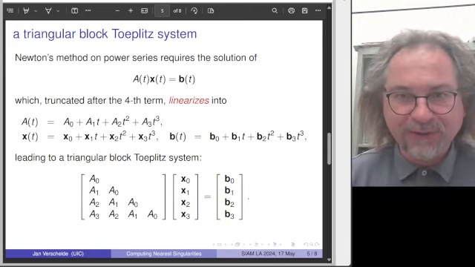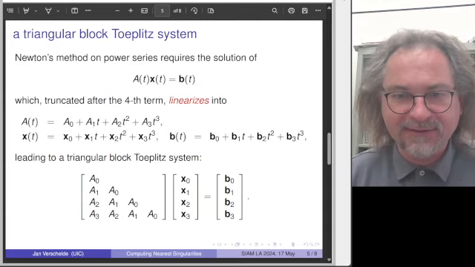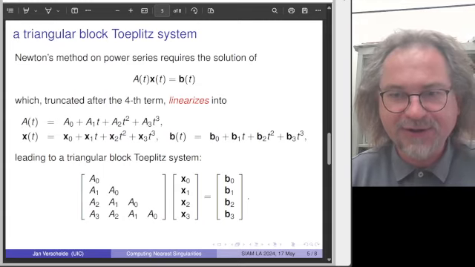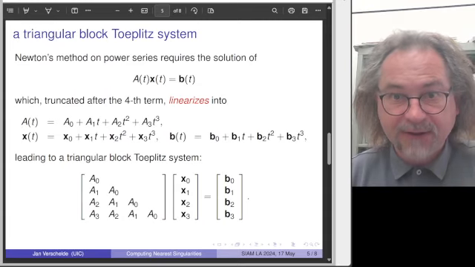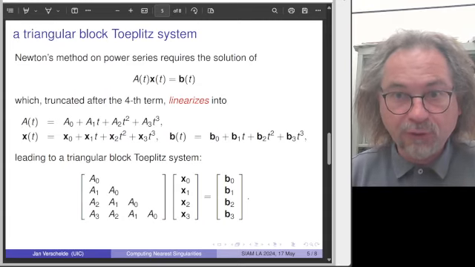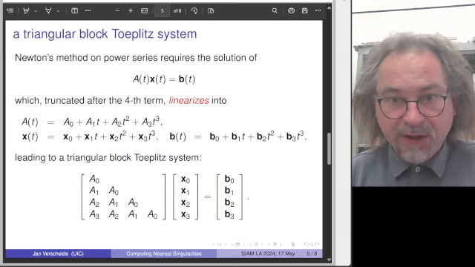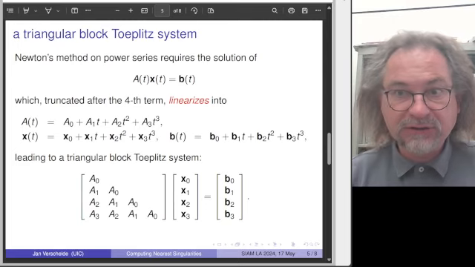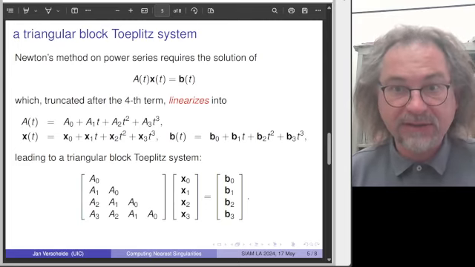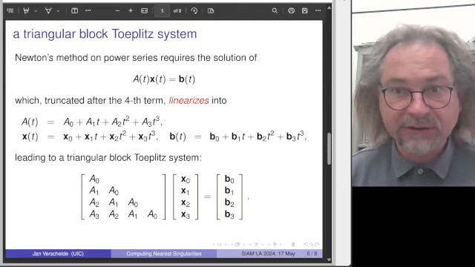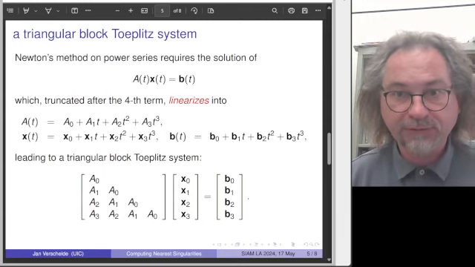So what I want to indicate here, and the slide is very sparse, is that if in every one of these back substitutions you would lose 2 decimal places, then you might already lose 8 decimal places when you get to the last block of coefficients.